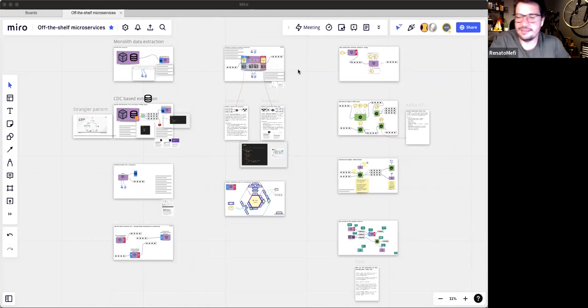I'm not the architect myself, we had an architect, Rafael, who actually helped me with this part of the talk on the diagram, so thanks for that. But I would say eliminating single points of failure is a very important process in microservices.